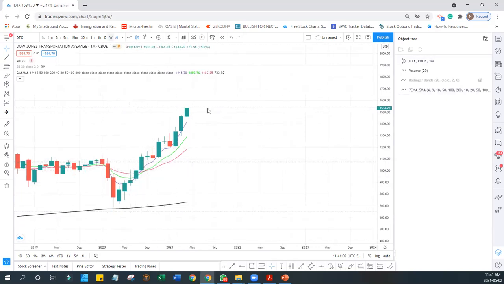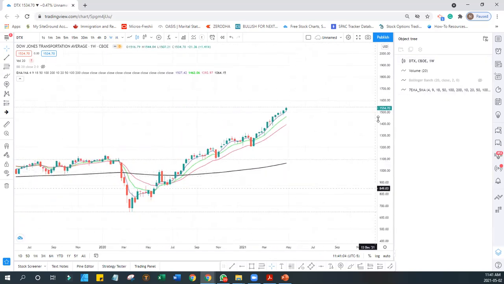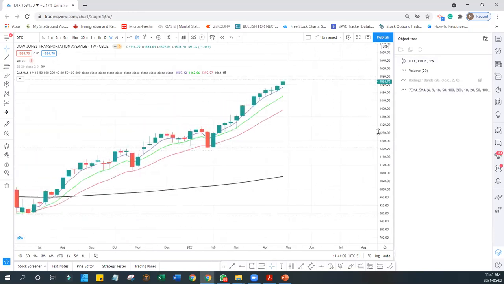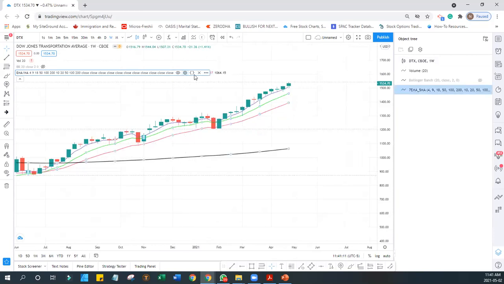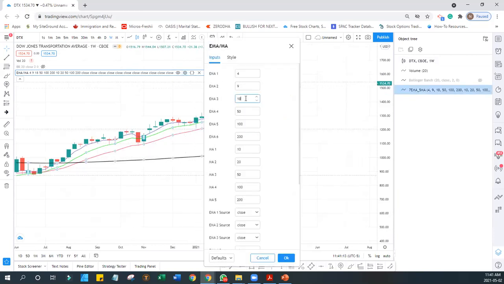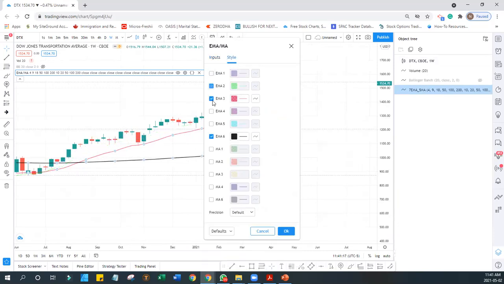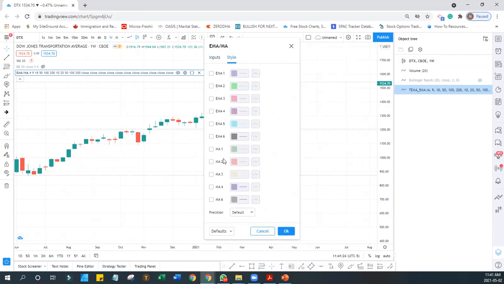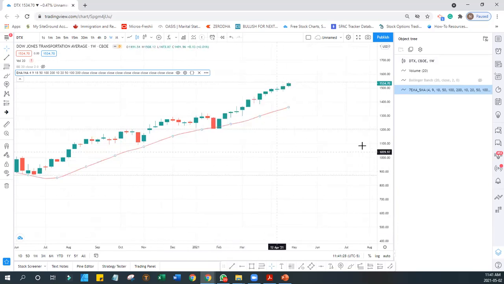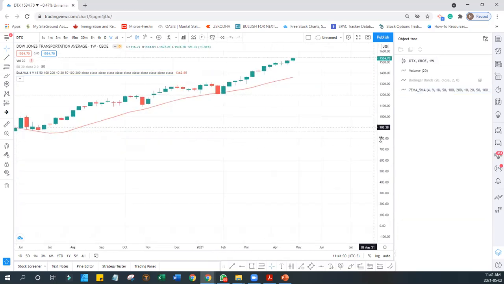That's good. Look at the weekly. Let's go weekly. Do you see every time price came to the 18? Let me just change it to 20. Only one moving average. I made the input 20.